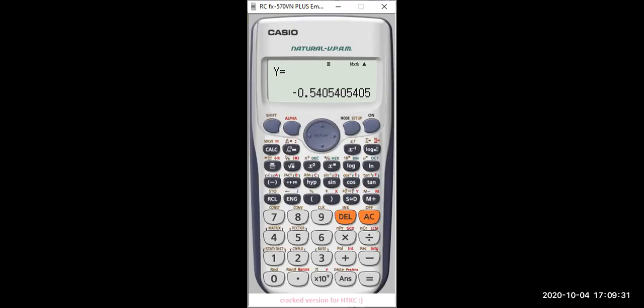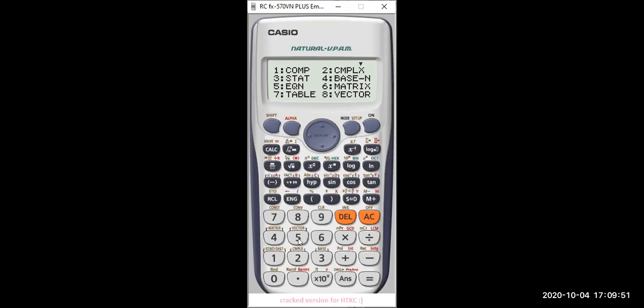Is there any doubt about how to use the calculator? Do you have a calculator? Have you understood the steps I have explained? Can I repeat one more time?